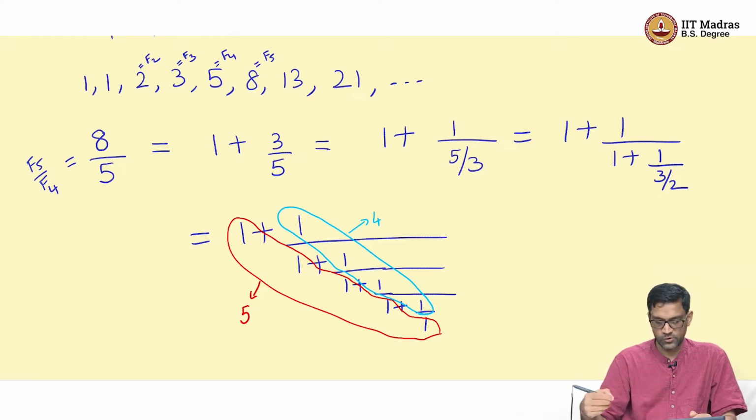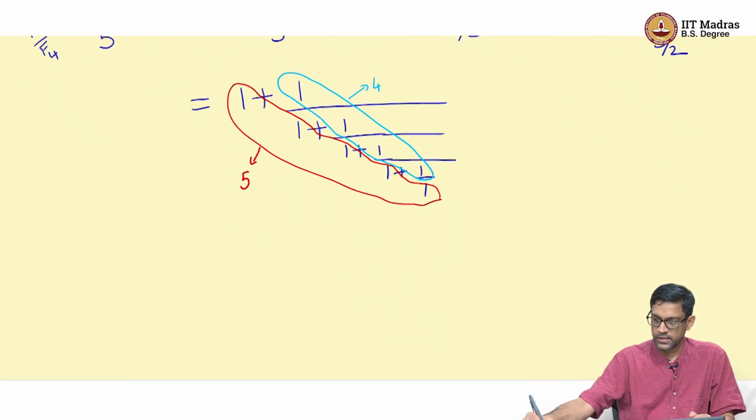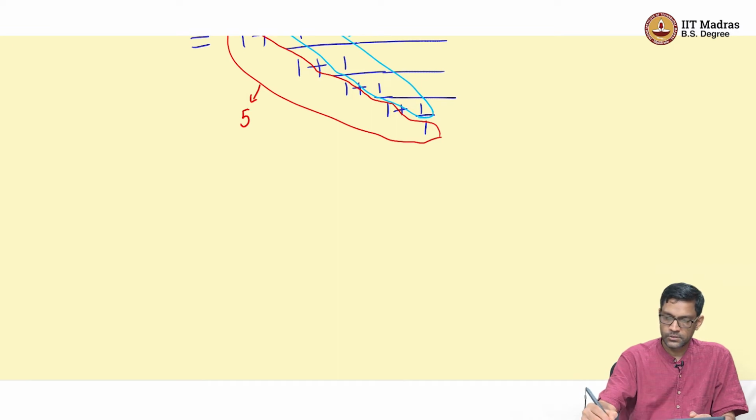In general, of course, f(n+1) over fn will look similar. You will have the continued fraction for the successive Fibonacci ratio.